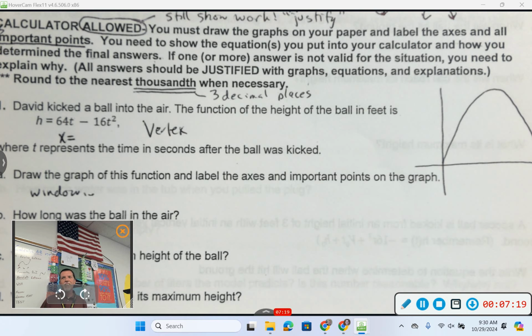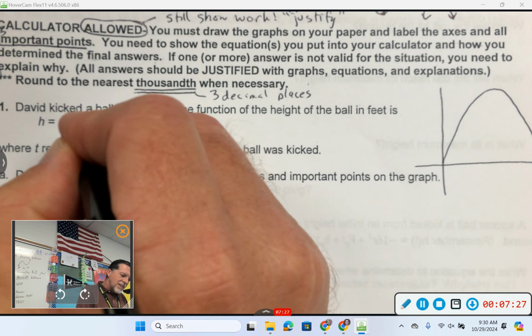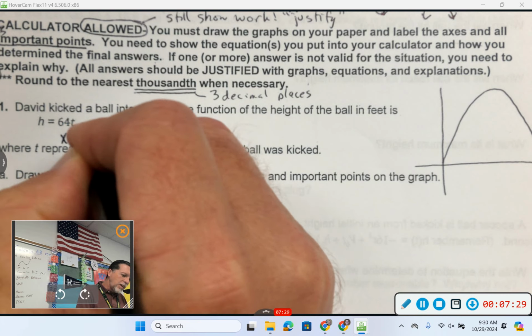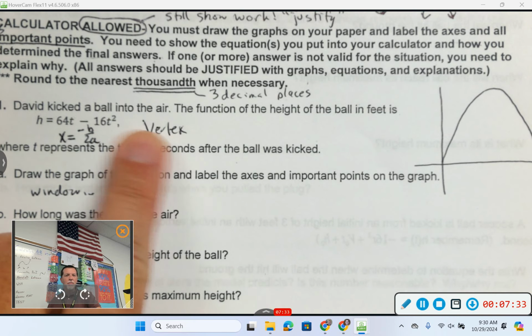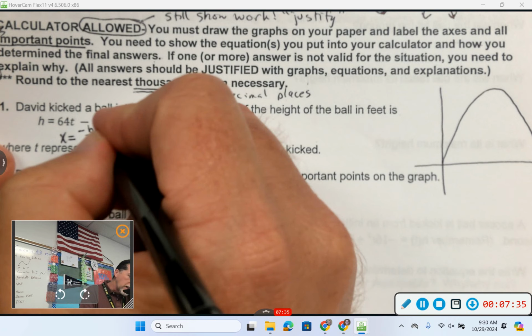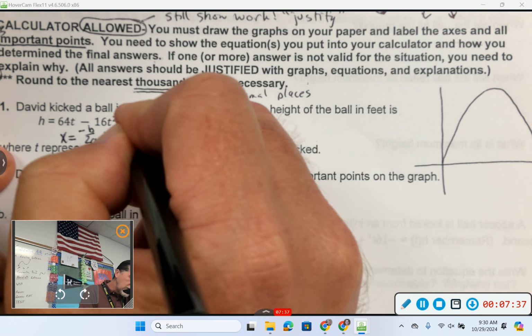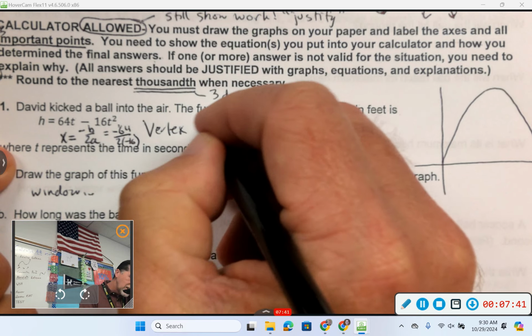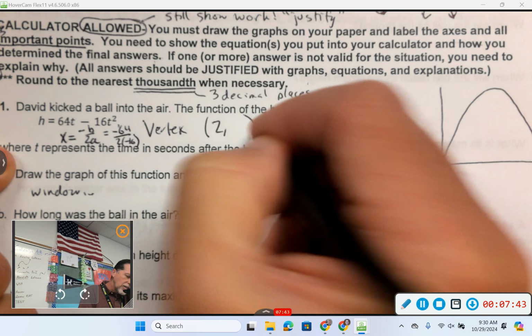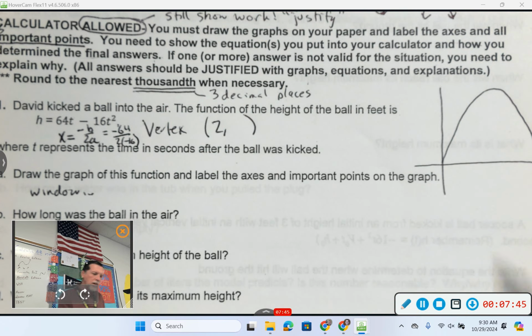Jacob? Well, what's the formula for the x-coordinate of the vertex? You remember that? -b/2a. This one's maybe tricky because we got b and a sort of backwards, but so -64 over 2 times -16. So that would be 2 comma something.